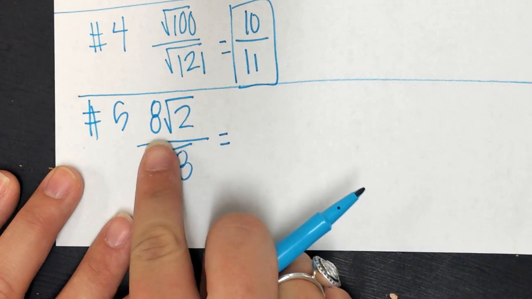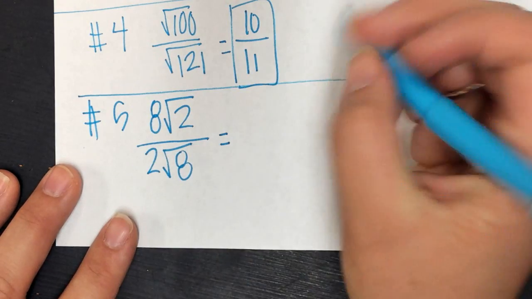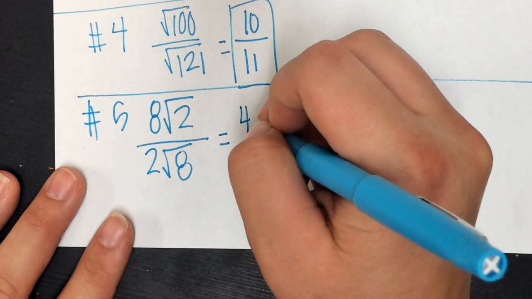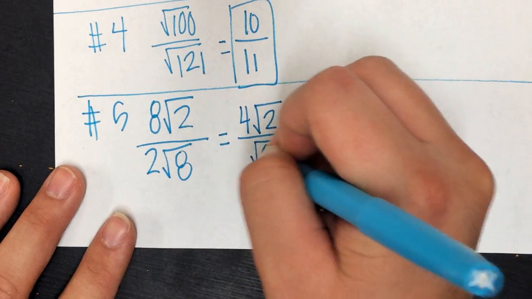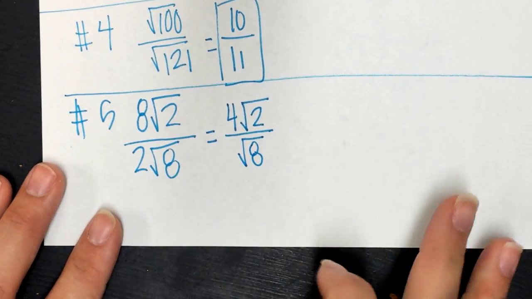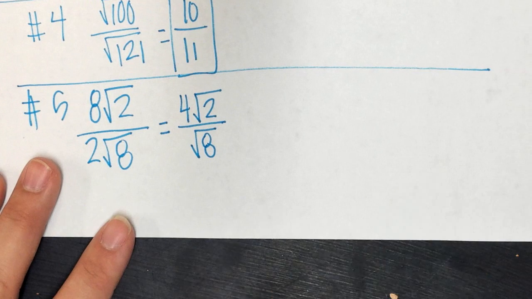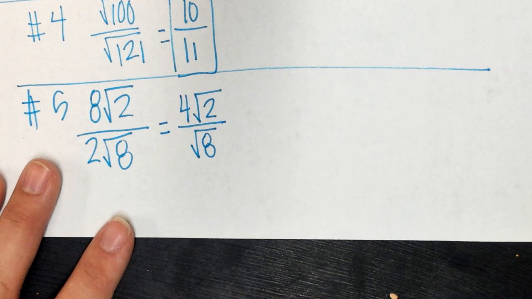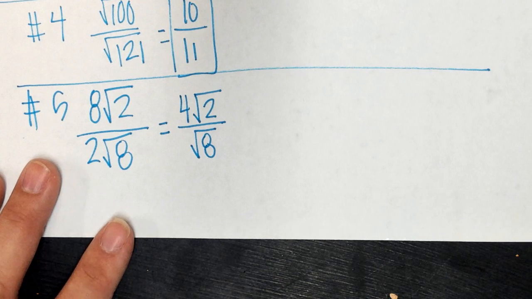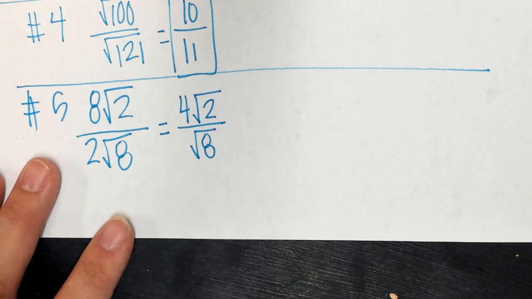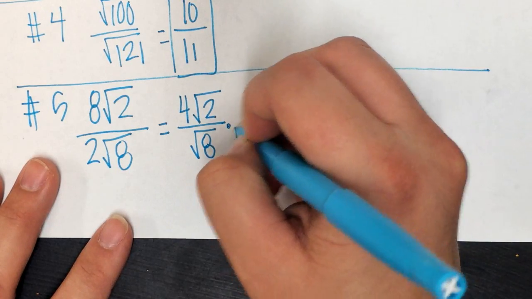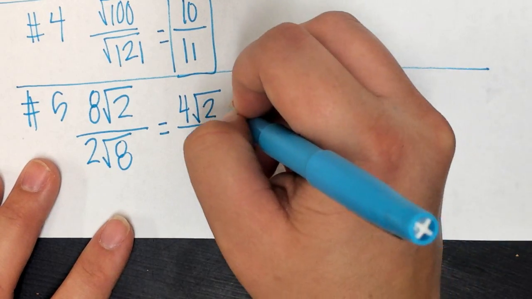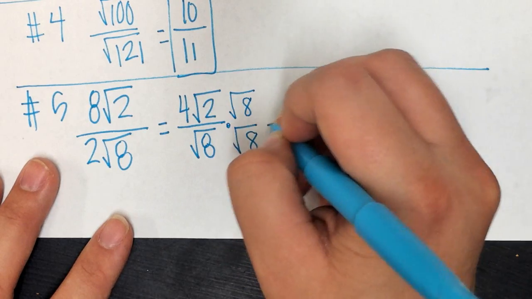Okay, so go ahead and simplify. 8 divided by 2 is 4. Well, now I have 4 square root of 2 over square root of 8. What's in the denominator? A square root, which means we don't want a square root. So let's rationalize: multiply by square root of 8 over square root of 8.